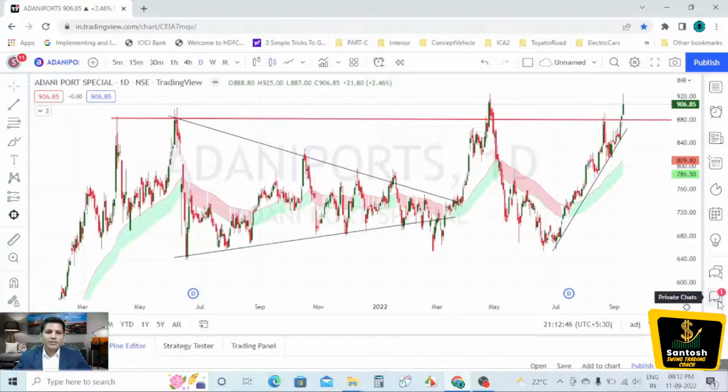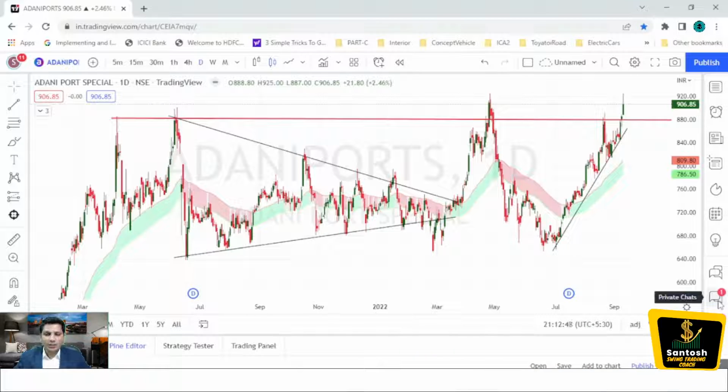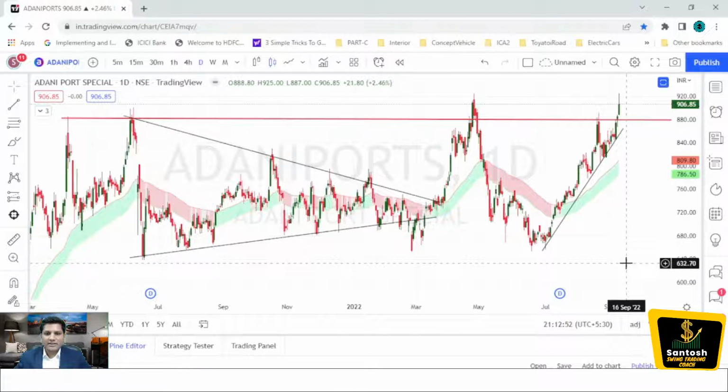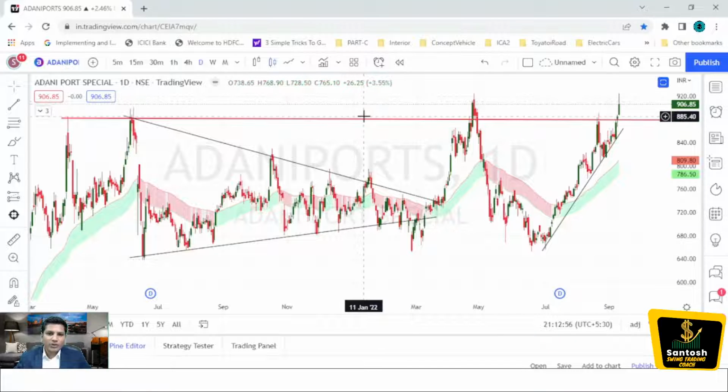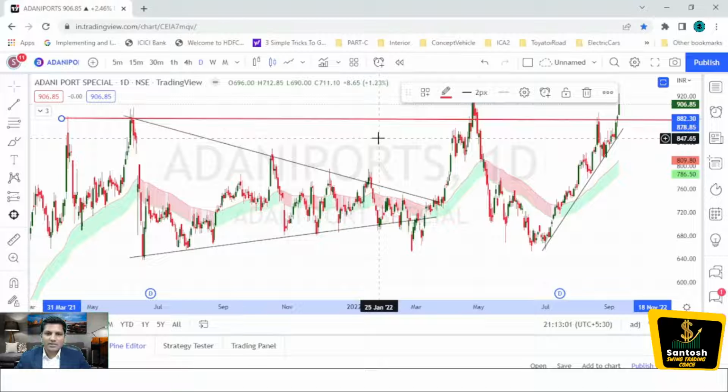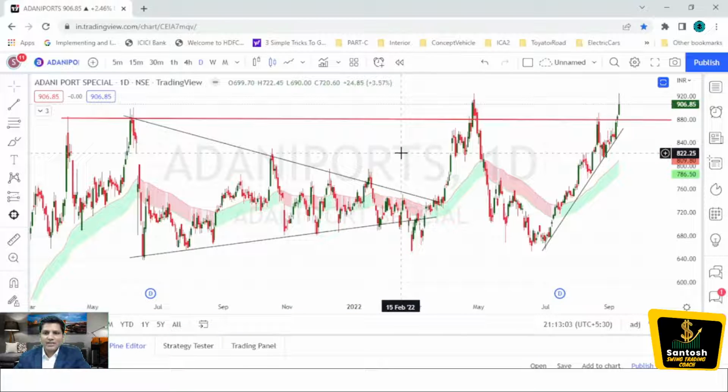So the stock taken for the swing trade is Adani Ports. In the higher time frame, like say in a daily time frame, the stock was looking like this. You can see the top, the red color line on the top here, just highlighted now, is the resistance line.